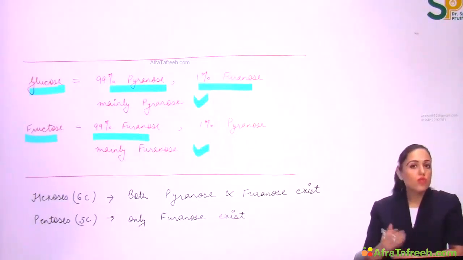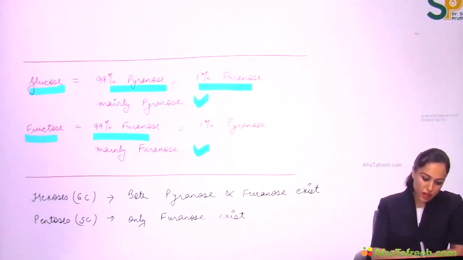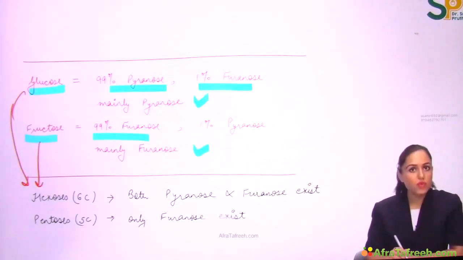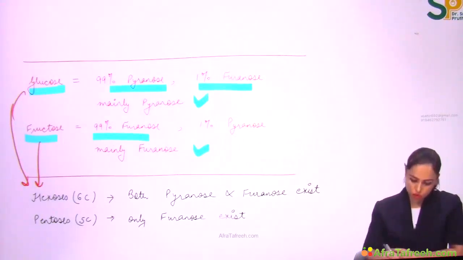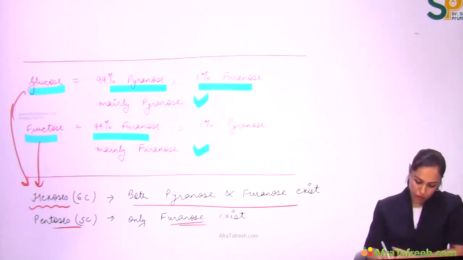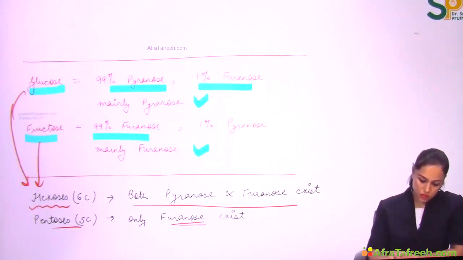These are 6-carbon sugars, glucose and fructose, known as hexoses. So for hexoses, both pyranose and furanose exist, but for pentoses, only furanose exists. Right? Pentoses like ribose, having 5 carbons, exist only in the furanose form.